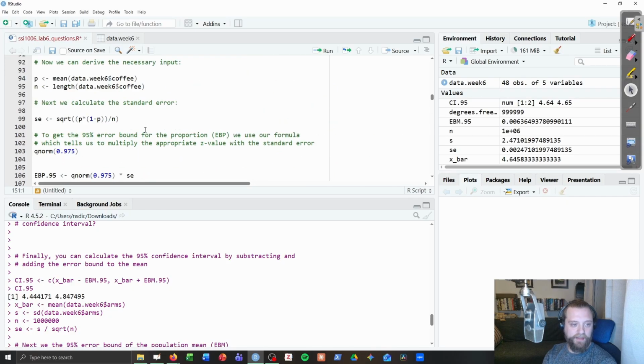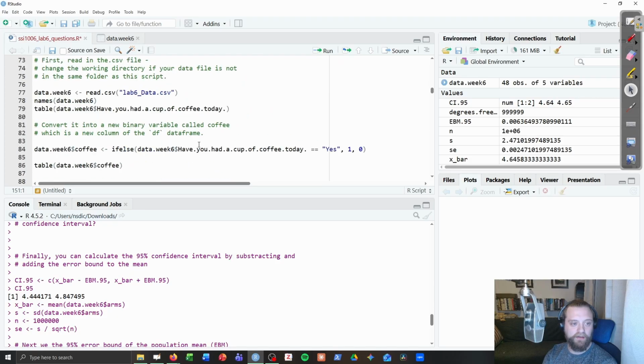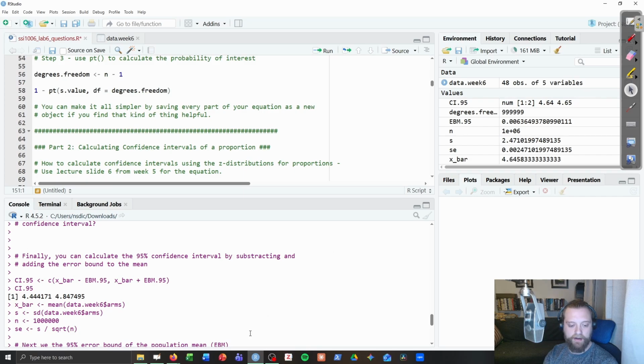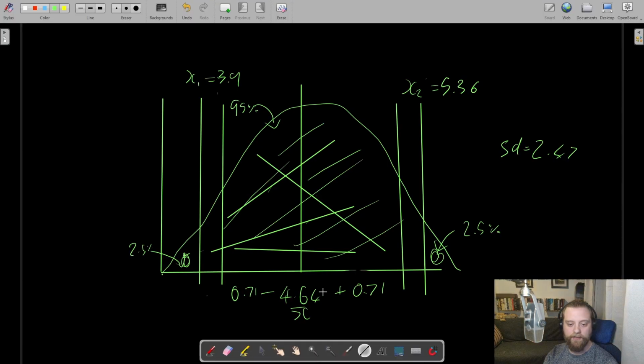So this logic, this idea of areas under curves, and if you go back and look at Chris's lecture, you'll see how the area under these curves is related to something called the central limit theorem. An important thing to note here is that this is not a distribution of real data. This is a distribution of probability drawn from the known properties of probability distributions that we get from the central limit theorem. And you can go and look back at Chris's lecture on this to see how that works.